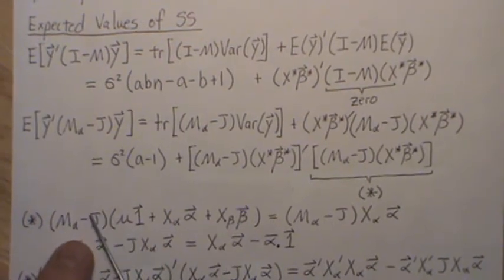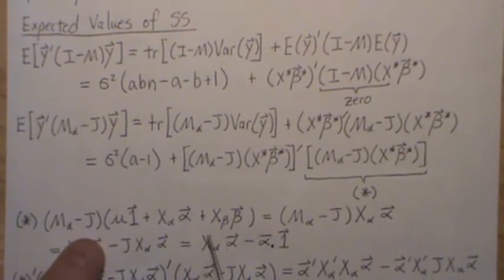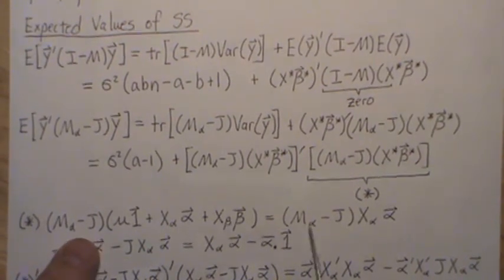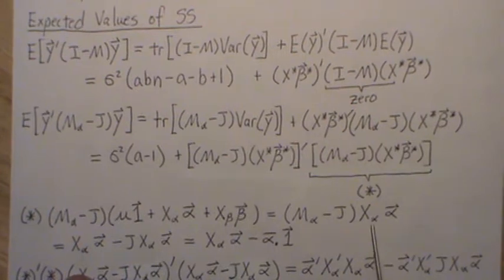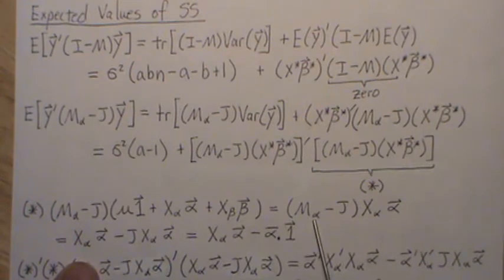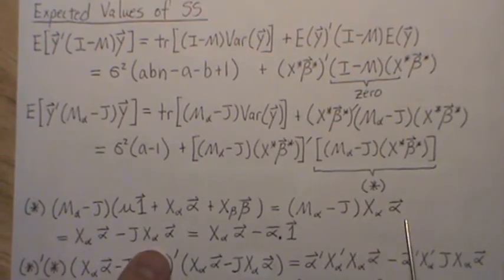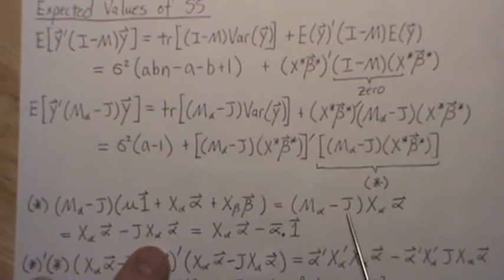Here, M alpha minus J times 1 is 0, because this projects onto the orthogonal complement space of 1, and X is orthogonal to M alpha minus J, so that's 0, and we're only left with this piece. When we multiply this in, the M alpha X alpha projects it back onto itself, so we get it back, and then J times that.